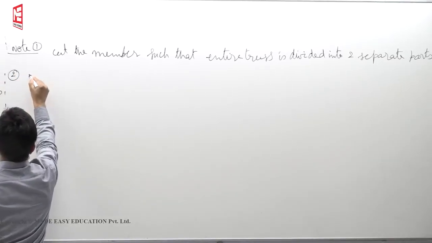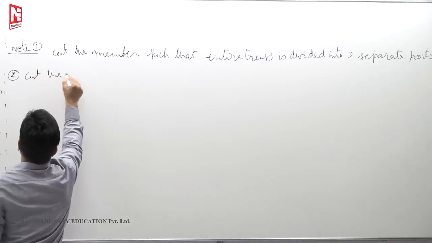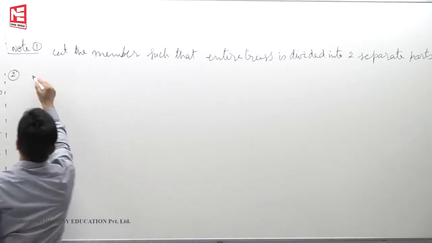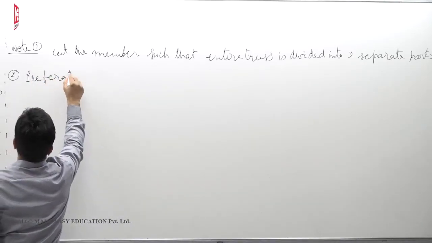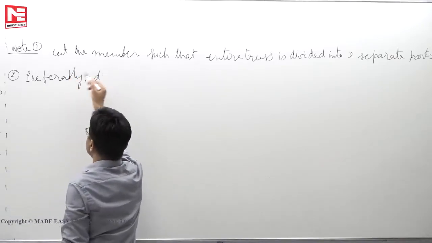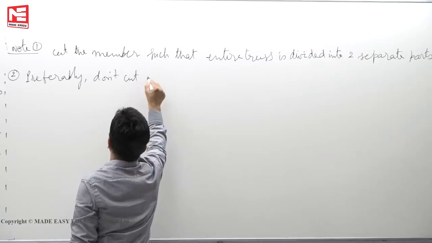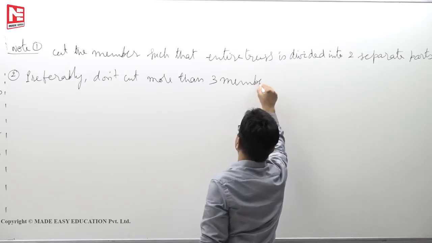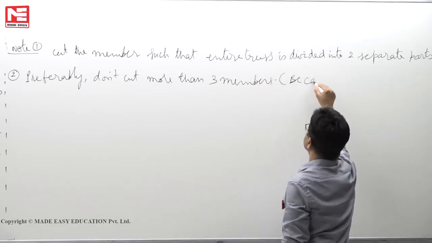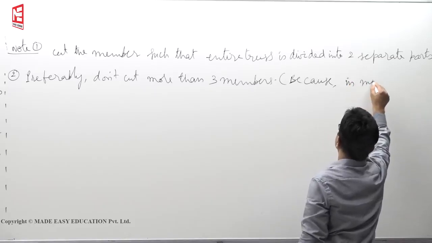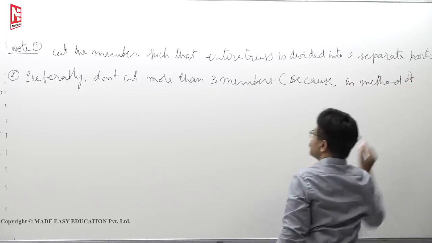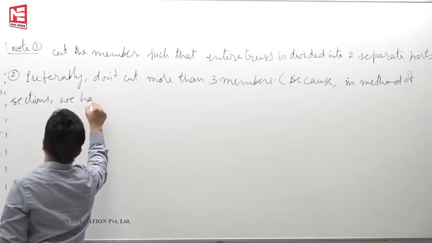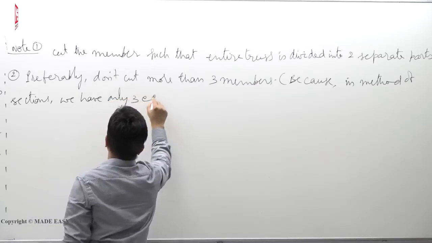Second point is, cut the member, or preferably, as far as possible, don't cut more than 3 members, because in method of sections we have only 3 equations of equilibrium.